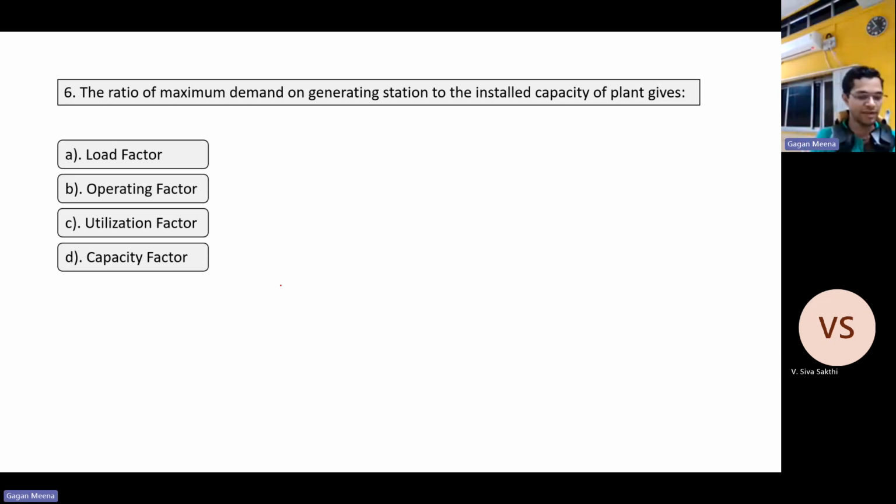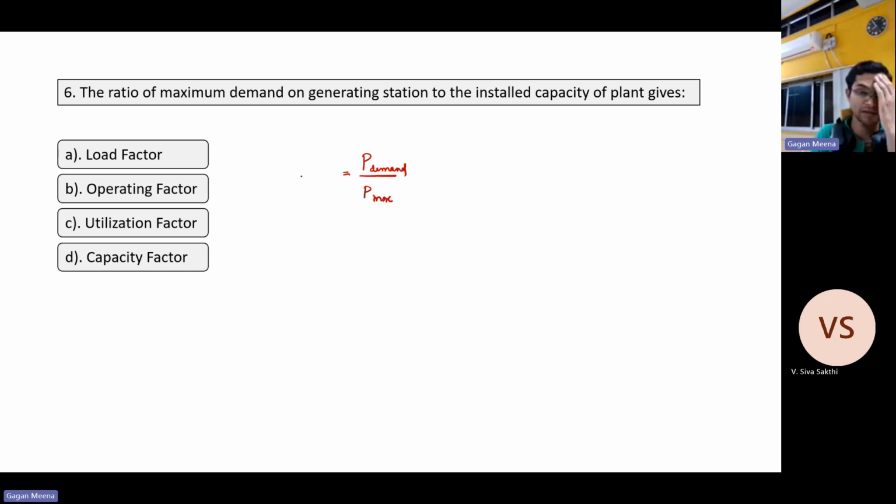Next is the ratio of maximum demand on a generating station to its installed capacity. Pmax is the installed capacity, and let's say P demand is the maximum demand.